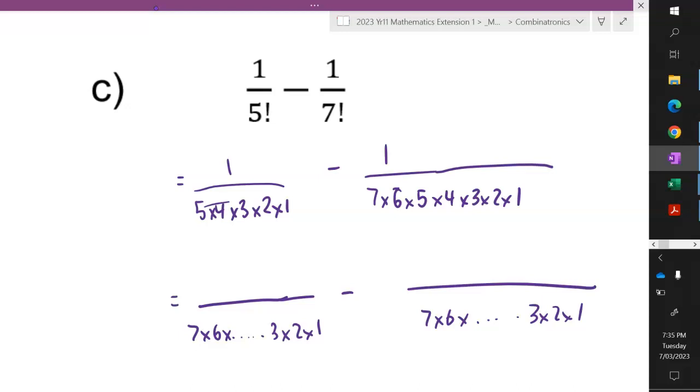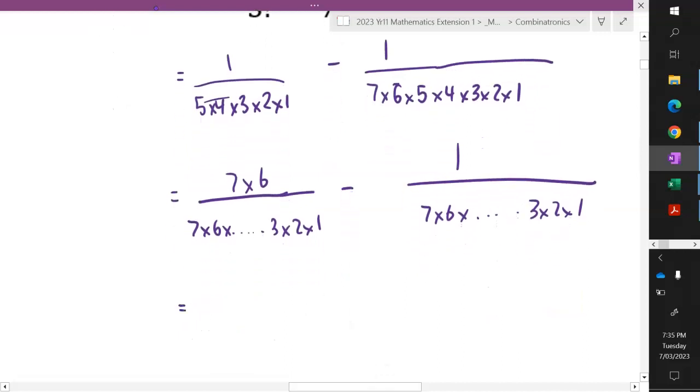Okay, so I need to bump this one here up to this one here. So I've got 5 down to 1, but I don't have 7 and 6 in there. So I've timesed this by 7 and 6 on the bottom, I need to times it by 7 and 6 on the top. The base here is the same as the base here, so it's going to stay the same.